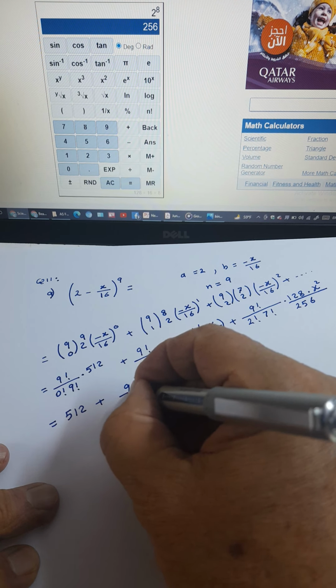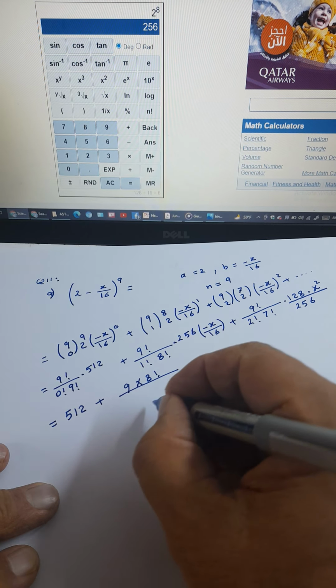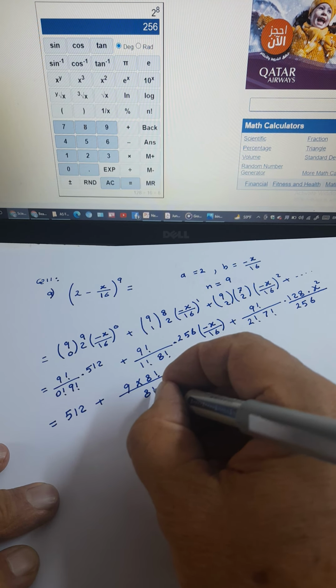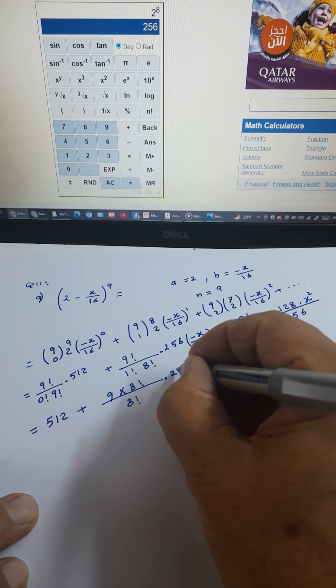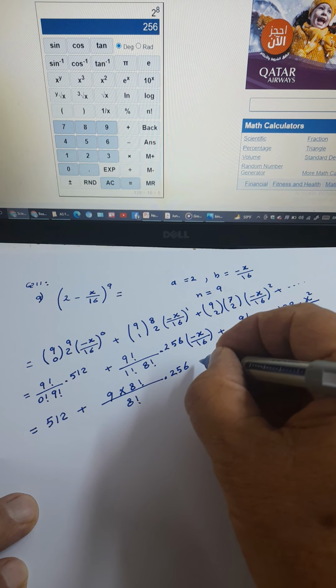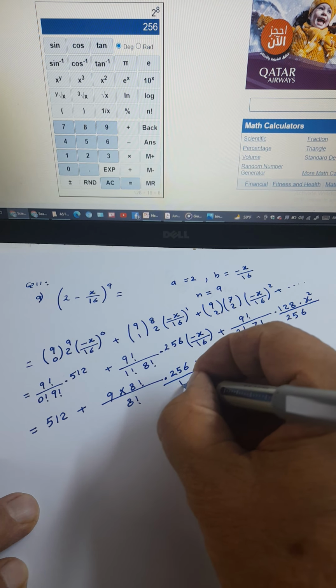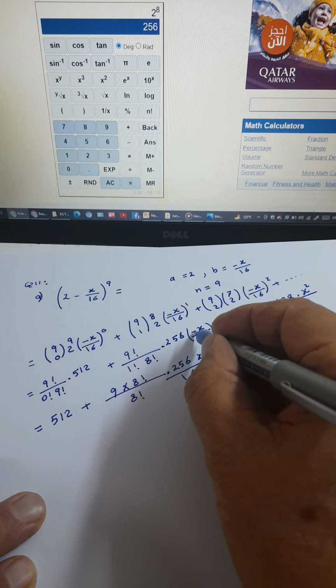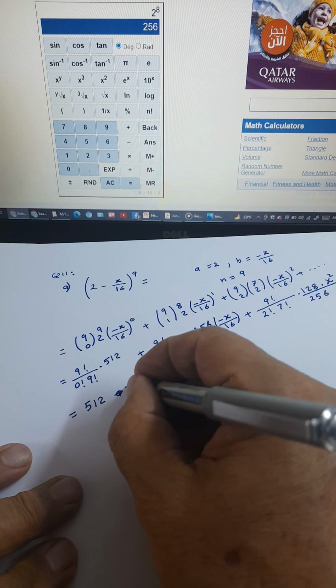Plus here, 9 factorial is 9 times 8 factorial. 1 factorial is 1 over 8 factorial times 256 x over 16, and the minus here we change to minus.